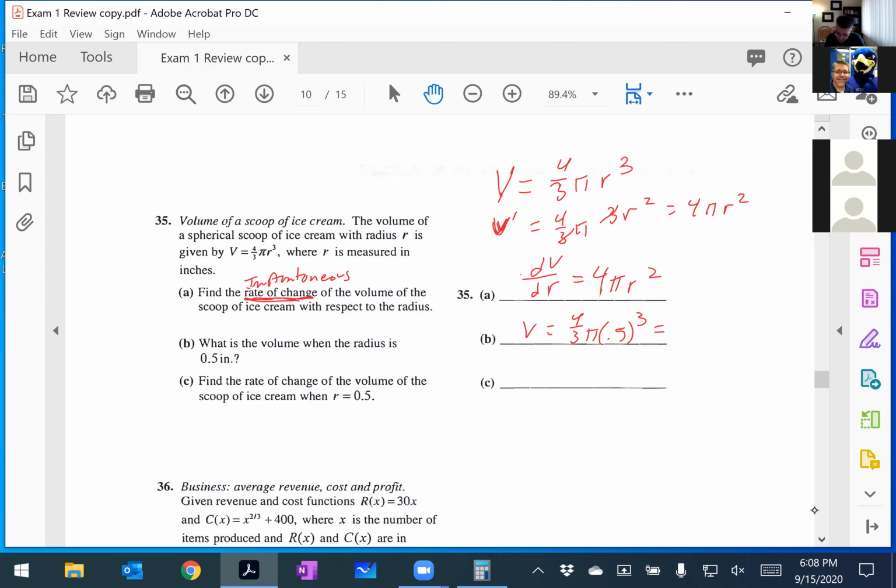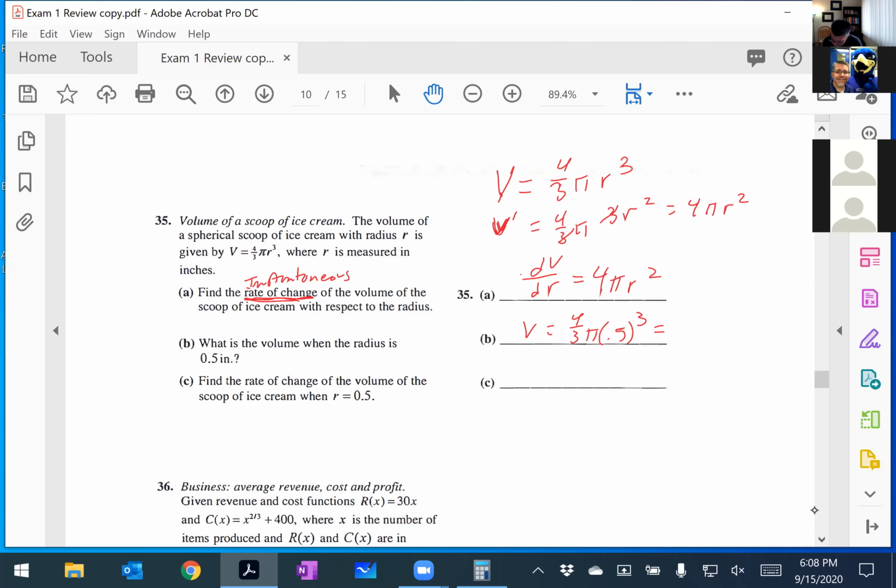The volume is equal to 4/3 pi times 0.5 cubed, which comes out to be pi over 6.